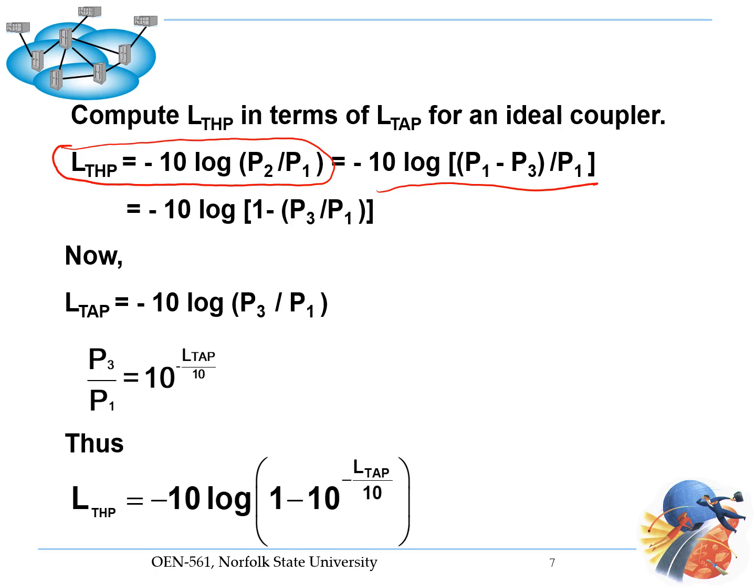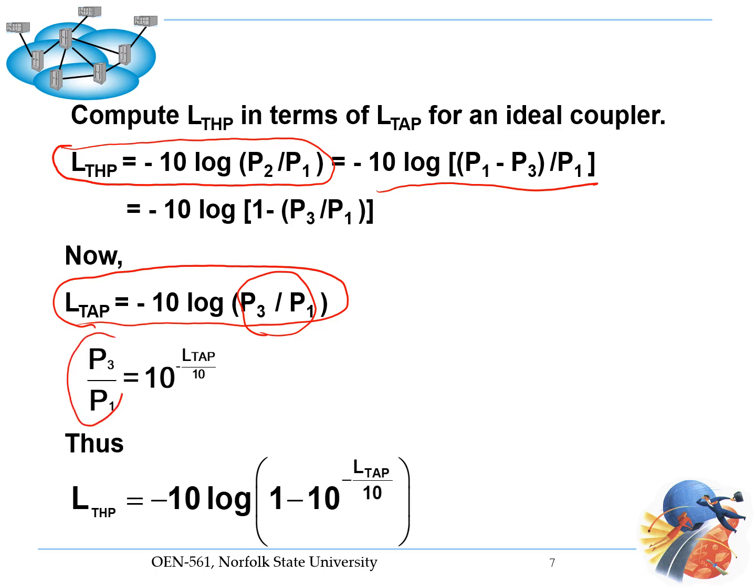Now by definition, tap loss is minus 10 times logarithm with the base 10 of P3 over P1. So we solve it for P3 over P1, it will be 10 to the power minus tap port loss divided by 10.